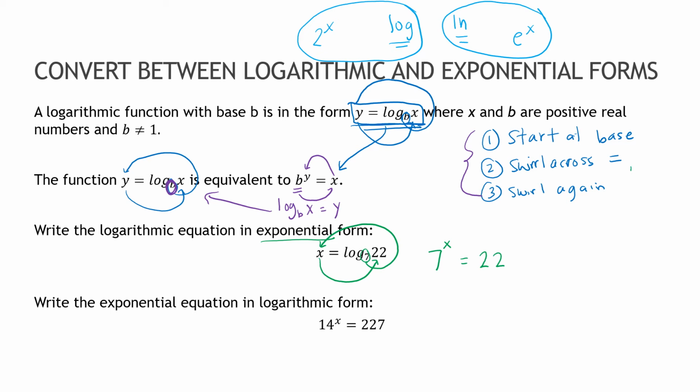And if you want to add an equal sign, because you're going to add an equal sign after you swirl across the x, you can certainly say that. Same thing in reverse. The base is always the base, so I'm starting at the base. I'm saying log base 14 of 227 equals x. Done. So just remember to swirl it.